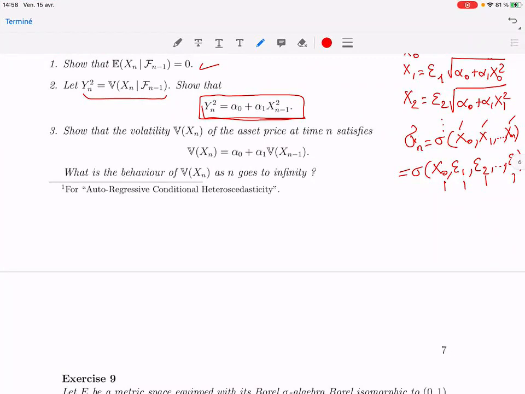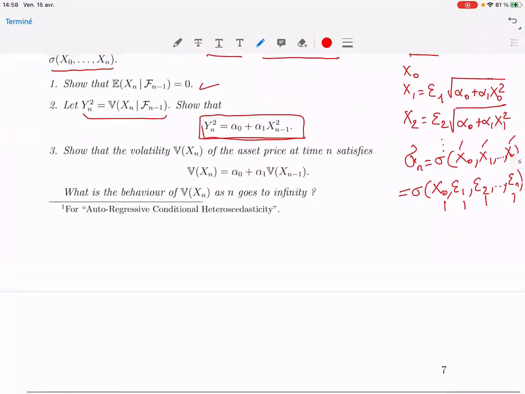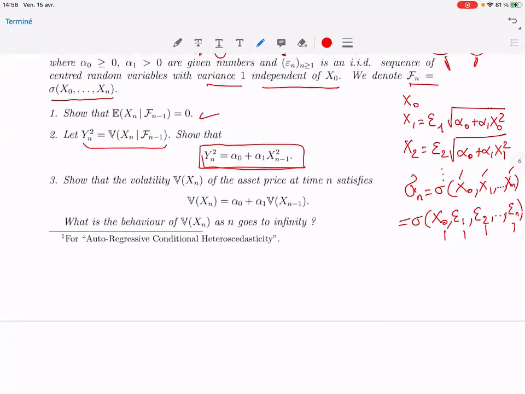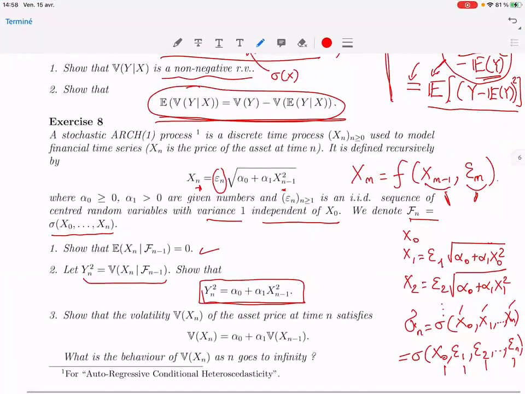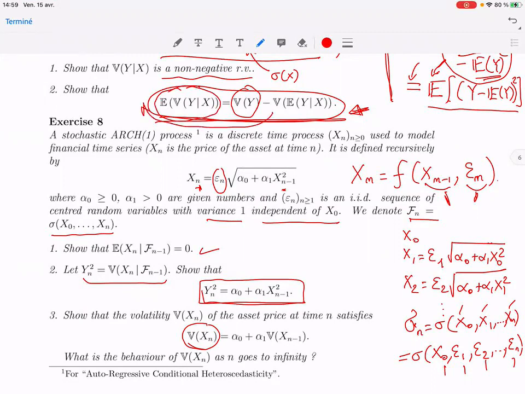And so we have to establish this recursive relation. And for that, we compute this conditional variance. So maybe we can use these properties that we established here in order to compute this variance of xn. The variance of y is equal to the expectation of the conditional variance plus the variance of the conditional expectation. Okay, it is this formula that I will use.